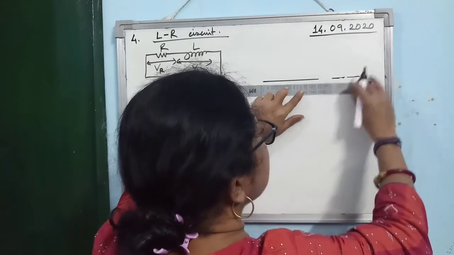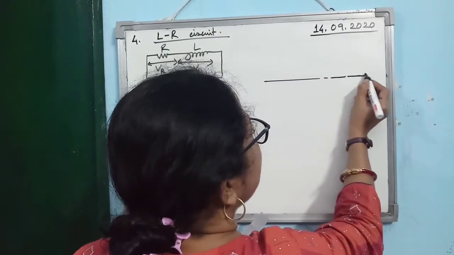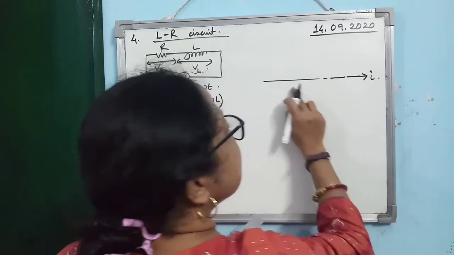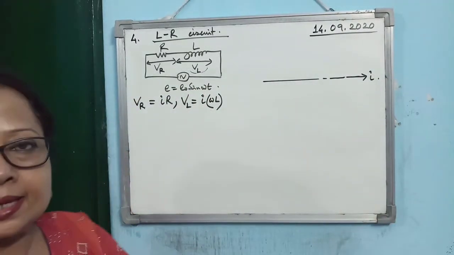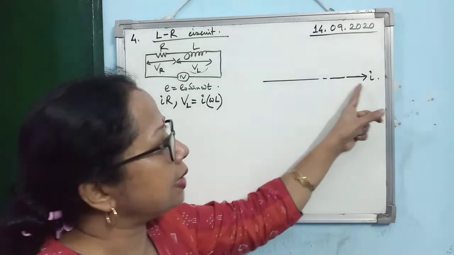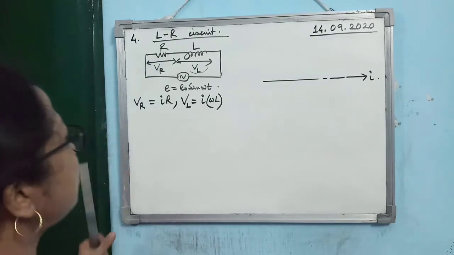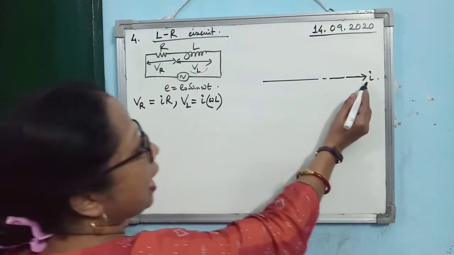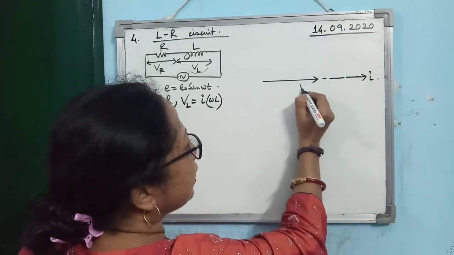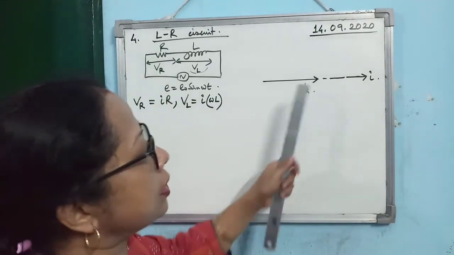Let us consider, you see here I have given a break. We are considering this line as representing the current I, the direction of the current I. Then VR and I are in phase, so this will be VR, the potential drop across the resistance.